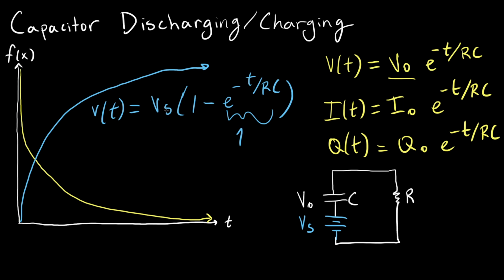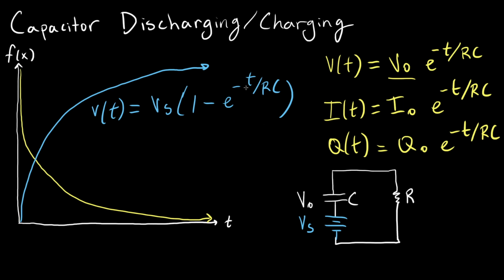And Vs times 0 will be 0. So V0 will equal Vs times 0. And that makes sense because if no time has passed, then the initial voltage of the capacitor will still be at that same voltage, which is in this case 0.